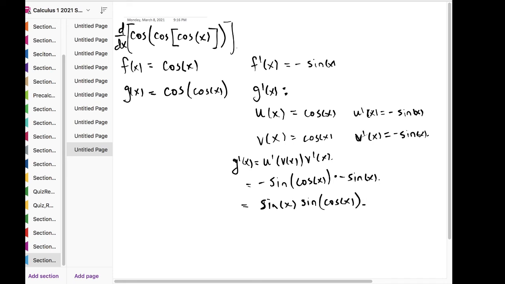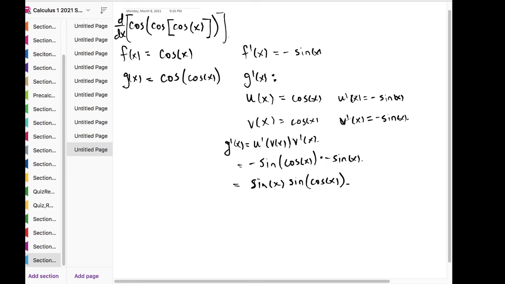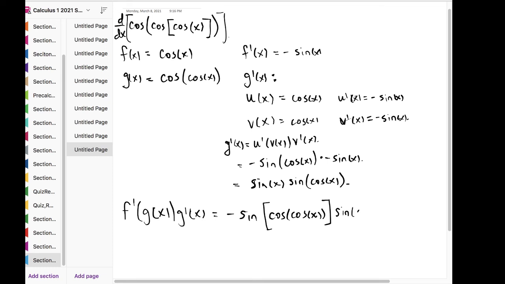Okay, so now plug it into the grand formula. And get negative sine of cosine cosine, and then g prime is sine of sine cosine.